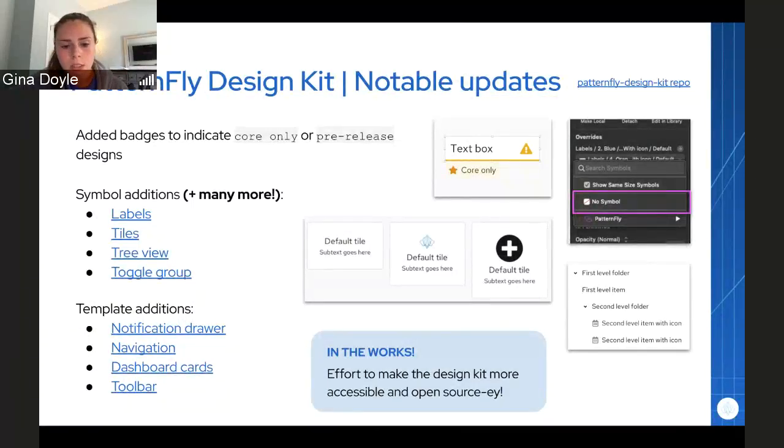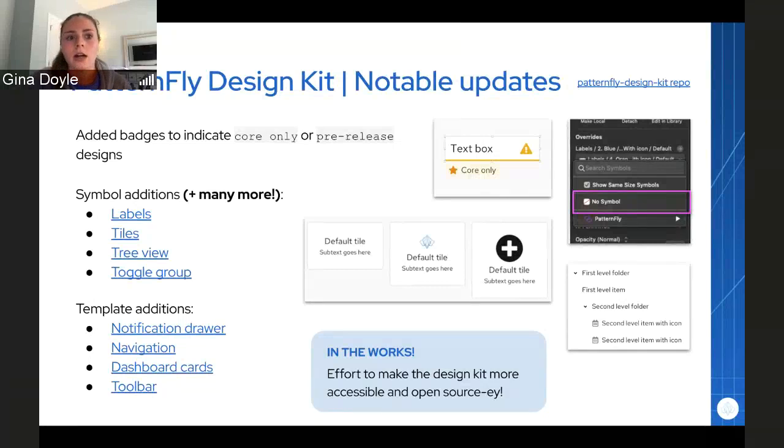And then something just to note that's in the works is we have this effort to make the design kit more accessible and align with open source. So obviously Sketch is not available for everyone. It's actually only available for Mac users.